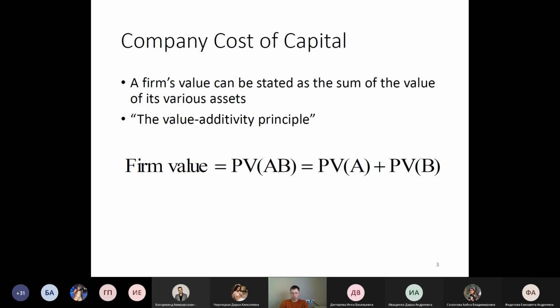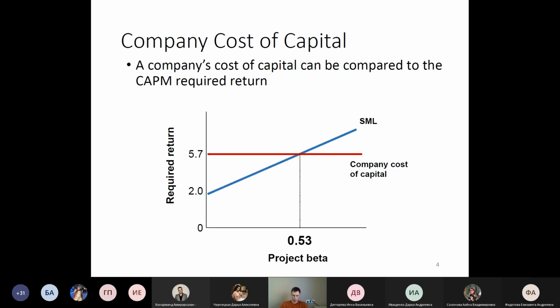We started with the value additivity principle, as the company can be considered as a sum of the projects it works on, and each of them in the perfect situation should be discounted at the appropriate discount rate, and the sum of those discounted values will be the value of the company as a whole.